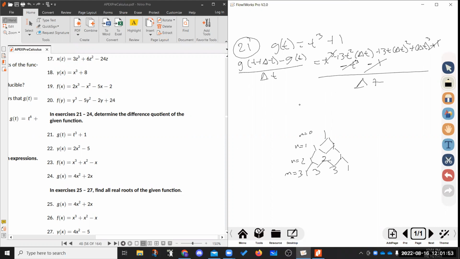So this is going to reduce each of the powers of delta t here. This is going to be 3t squared plus 3t delta t plus delta t squared is what my difference quotient here is.